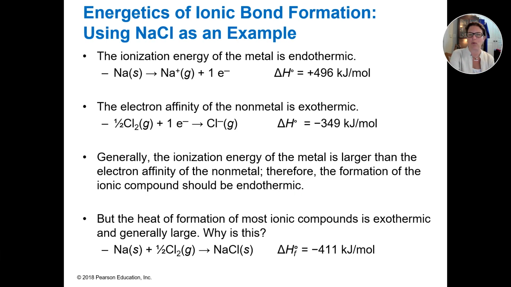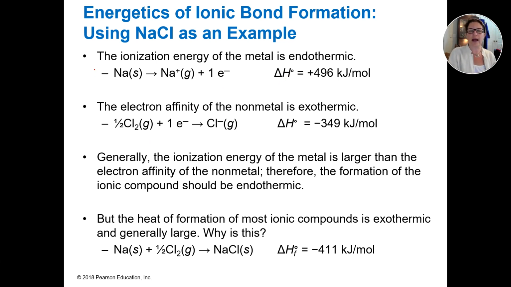So let's just go back one slide. When we talk about ionization energy of the metal, it's endothermic, meaning you've got to put energy in or heat in to pull off that electron. The electron affinity of the nonmetal is exothermic, meaning when it takes that electron, it's going to release heat.